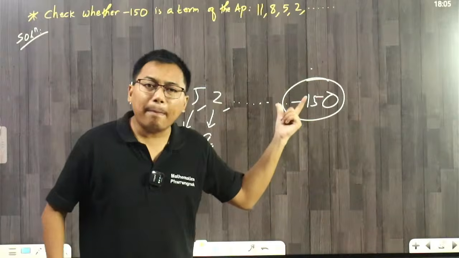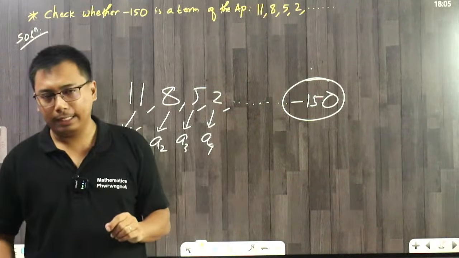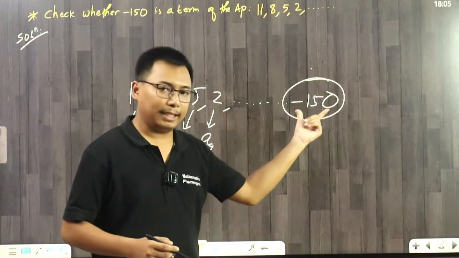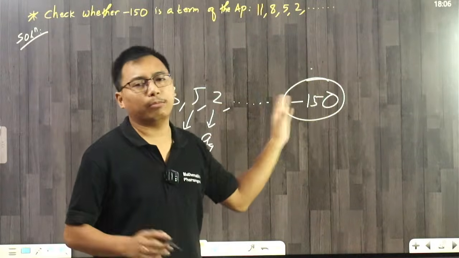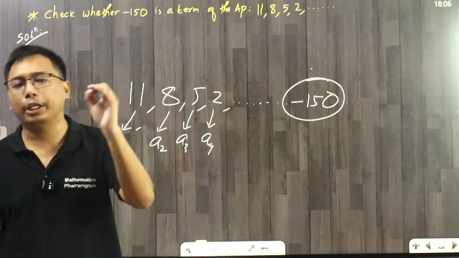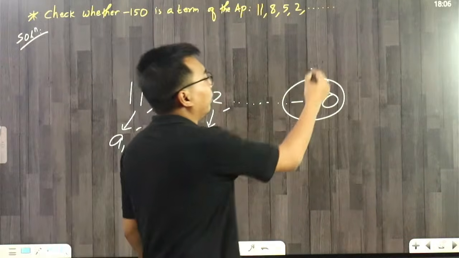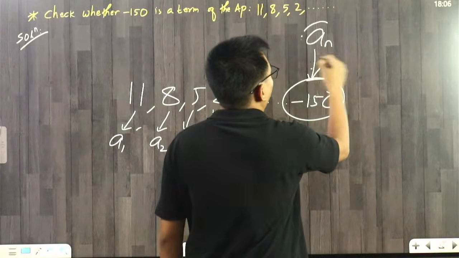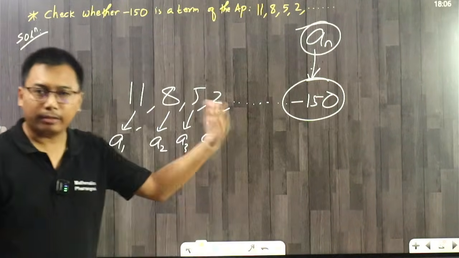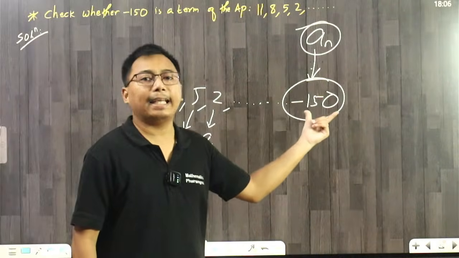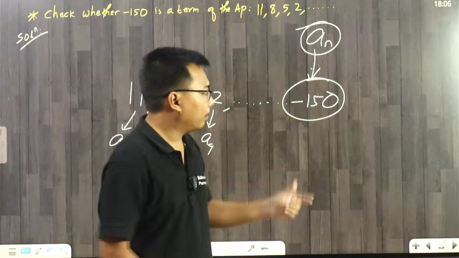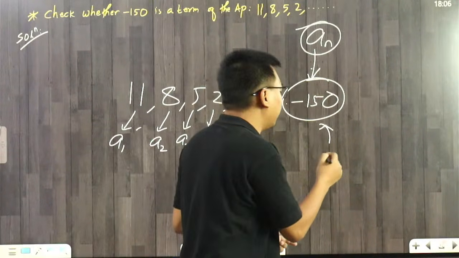Let's suppose minus 150 is present in this AP, and let's assume it is the last term of this AP. How do we represent the last term? We represent it by an, which is the nth term. So minus 150 is the nth term of the AP.